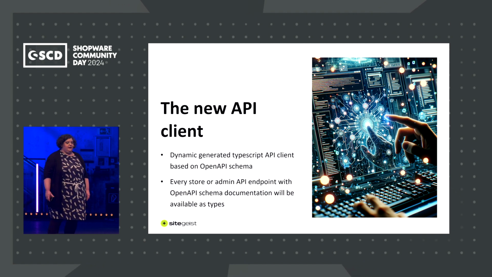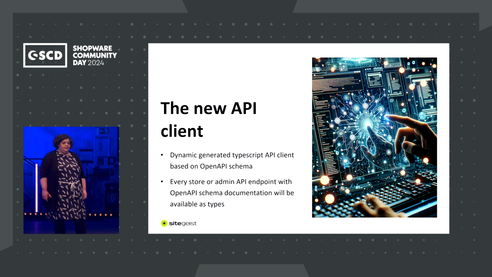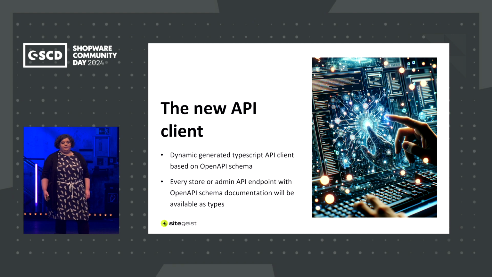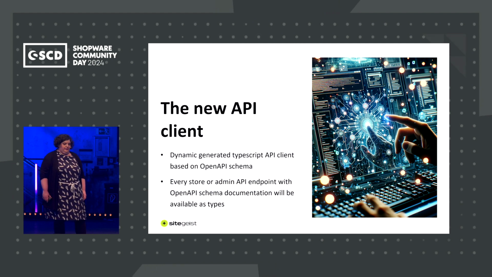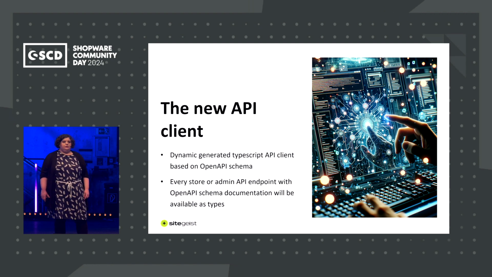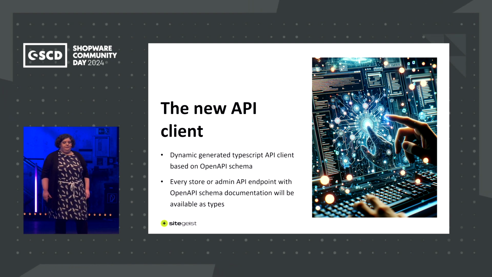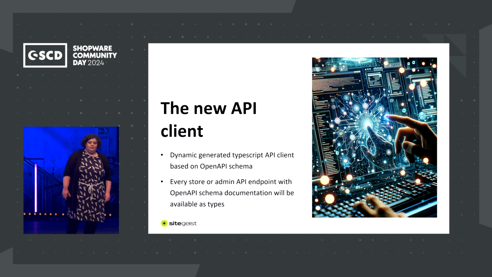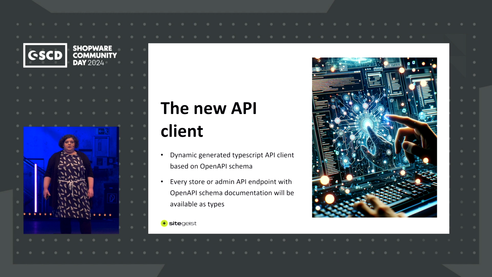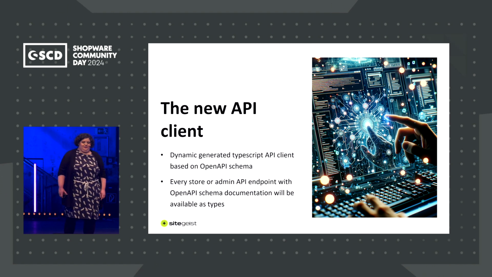And the new API client is a dynamically generated TypeScript API client based on the OpenAPI documentation. And all store and admin API endpoints will be available as TypeScript types if you write OpenAPI documentation.